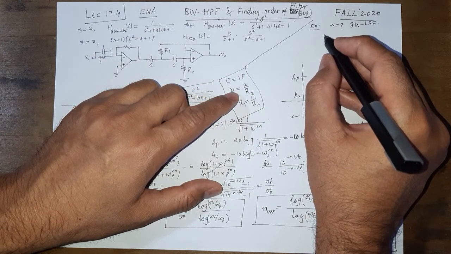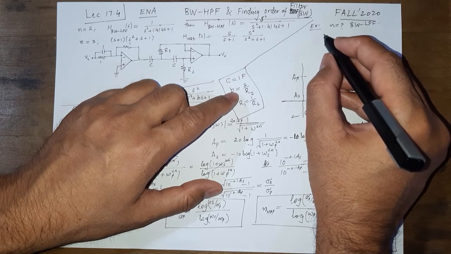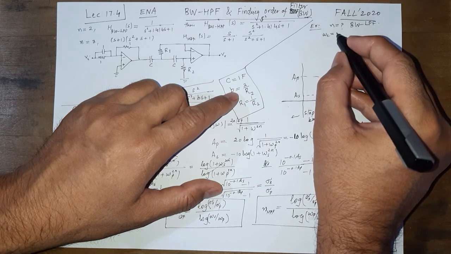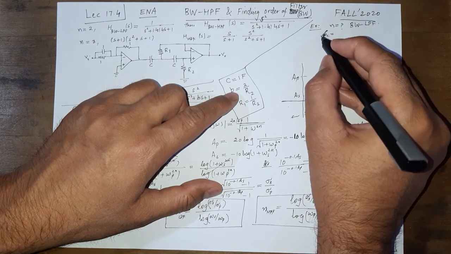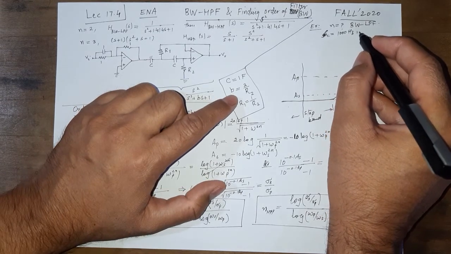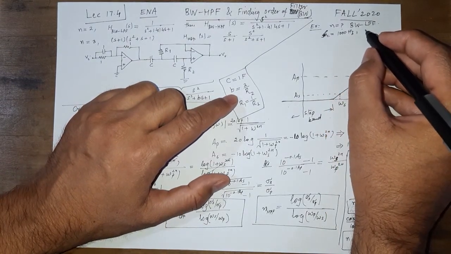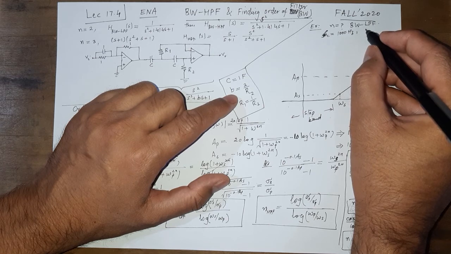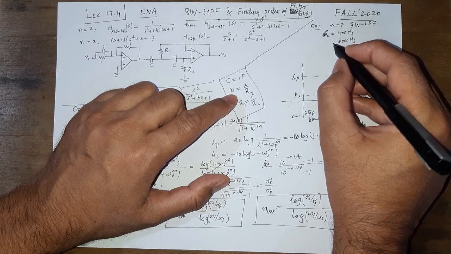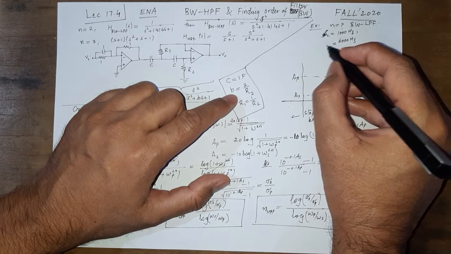So determine the order of a Butterworth filter that has a cutoff frequency FC of 1000 hertz and a gain of at least minus 50 dB at 6000 hertz. So at 6000 hertz, the gain is minus 50 dB.